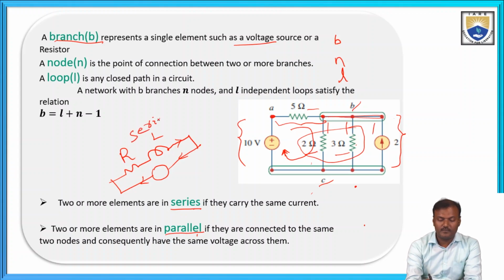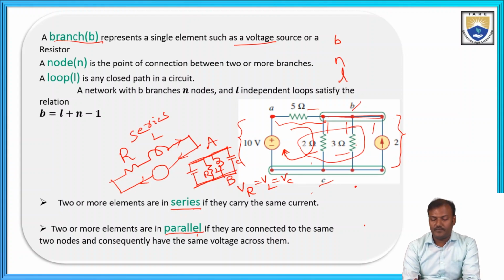Parallel connection means, if we have one voltage source and some number of elements, maybe R, L, and C, then these R, L, and C have the same voltage applied across these two points. Let us say this is point A and this is point B. The voltage across the resistive element, the inductive element, and the capacitive element are all the same. So they are said to be connected in parallel.